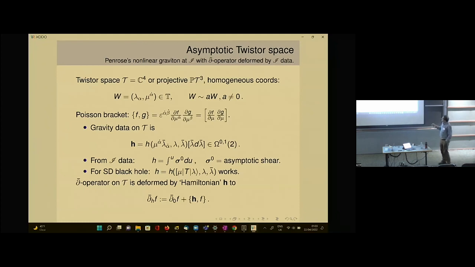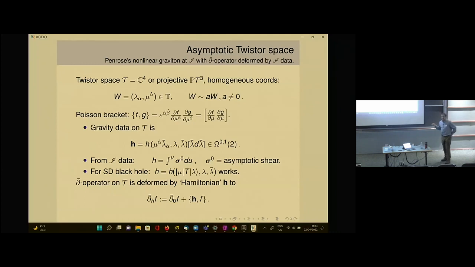So in terms of the true degrees of freedom, we'll try and keep things homogeneous in these coordinates. And so there's really only functions of three variables there. And in some sense, it's a space of true degrees of freedom of the solutions to field equations. So typically, one can solve wave equations by performing integrals of functions on twistor space.